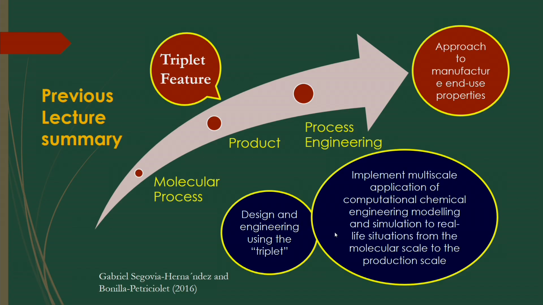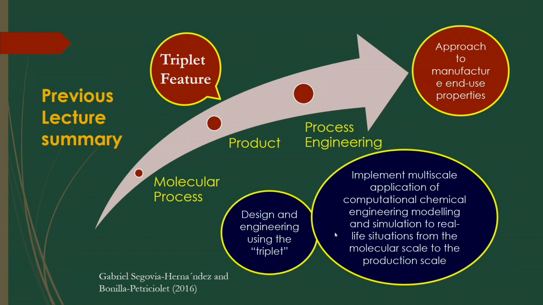Even some other basic features, the most important aspects, are given by Gabriel Segovia Hernandez and Bonilla Petriciolet. They have given that the principle of process intensification depends on three main features, which they refer to as a triplet feature.